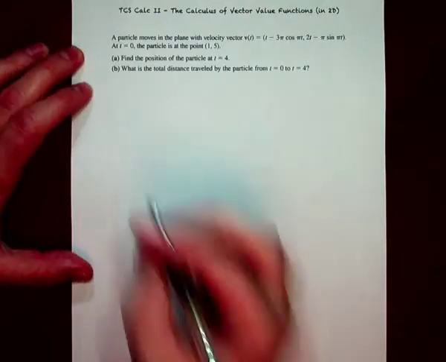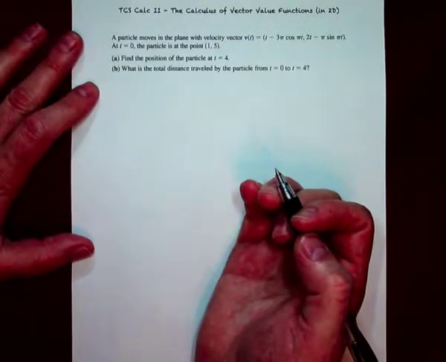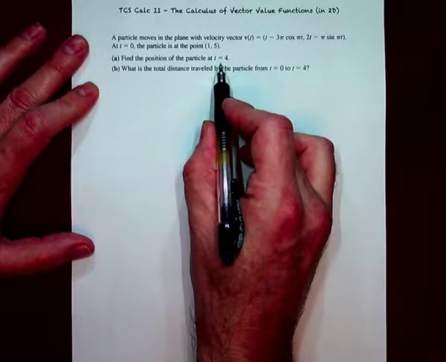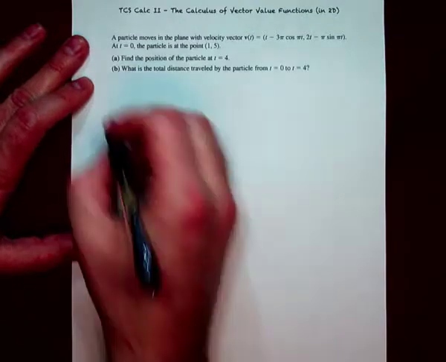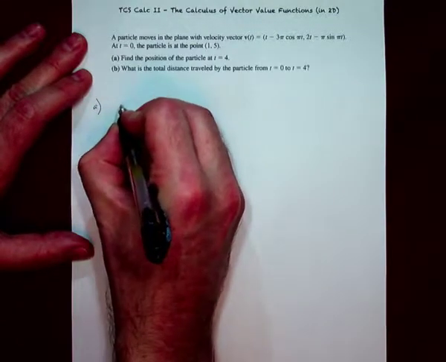So let's say that I want to find how far the particle's placement at t equal to 4 is from my original. So what I need to do is basically solve for the displacement.